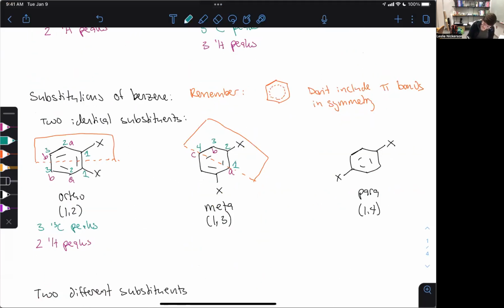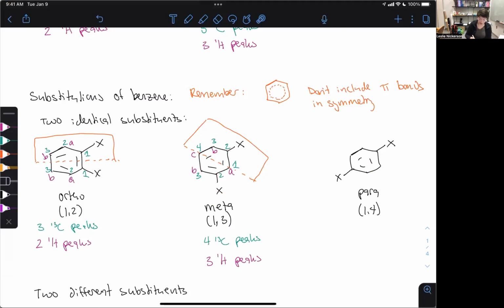So then I've got 1, 2, 3, and then B. You should have B reflecting B, 2 reflecting 2, and they should be in identical looking environments. Like this 2 is connected to X and 3, that 2 is connected to X and 3. That's what we're looking for: these are exactly the same thing. So for carbon peaks here, we're going to have 4, and then proton peaks, we're going to have 3.